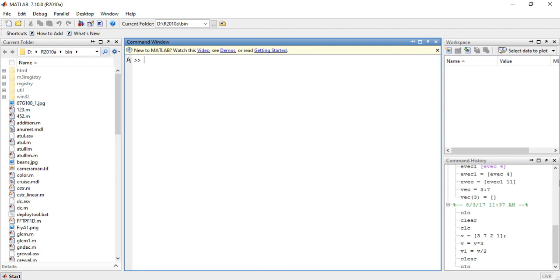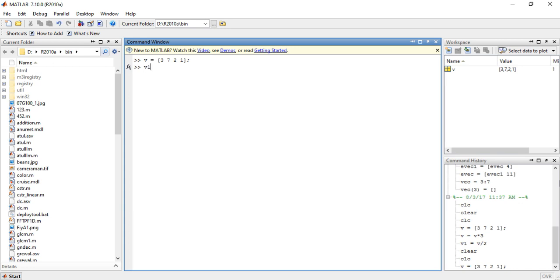Now we are going to start with scalar and array operations on vectors and matrices. Numerical operations can be done on entire vectors or matrices. Let us say we want to multiply every element of some vector v, having values 3, 7, 2 and 1, with some value, let us say 3.